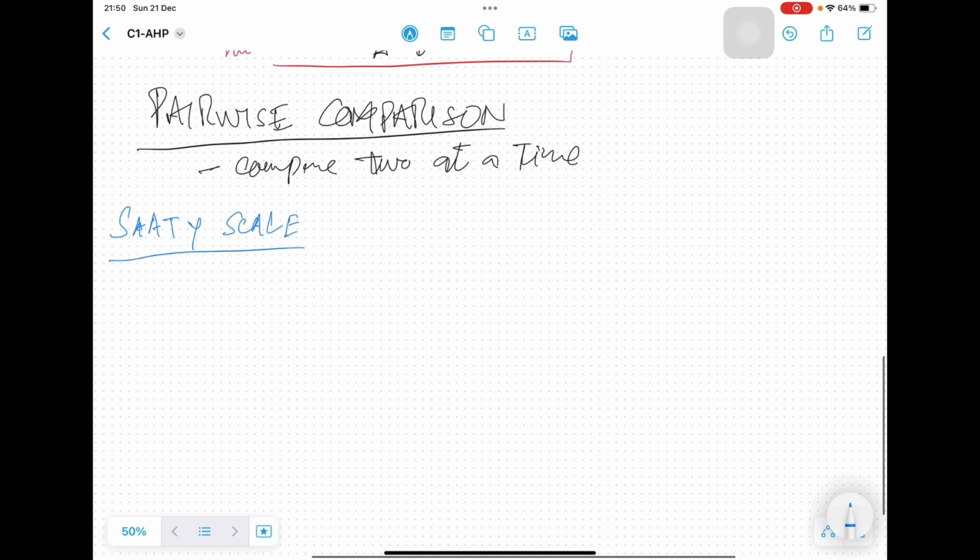You can find it everywhere on the internet, on Google, when you just search Saaty scale. This scale was proposed by Thomas Saaty, the creator of AHP, and it translates words like slightly more important or strongly more important into numbers.